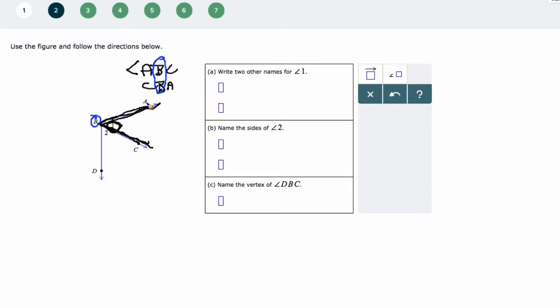The other 2 letters, it doesn't matter what order they're in, but the B has to be in the middle. So that tells us that this name for angle 1 could be angle ABC, all capital letters, or it could be angle CBA.